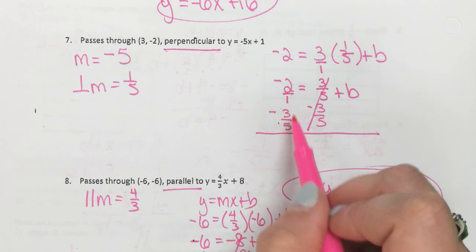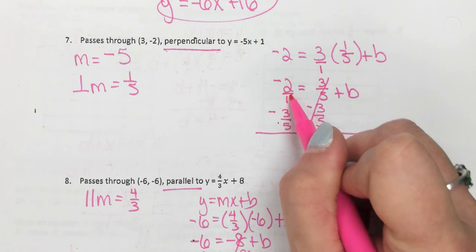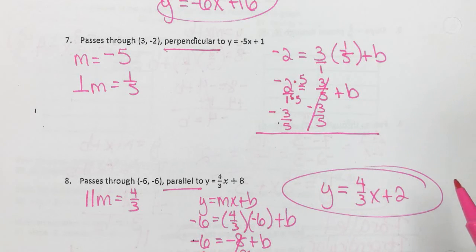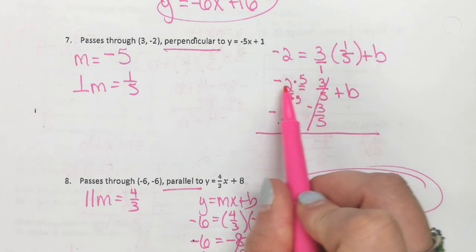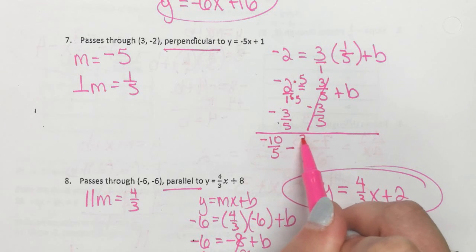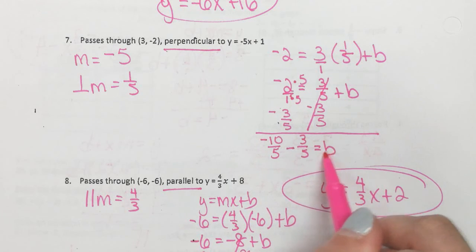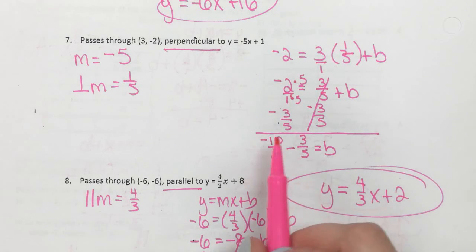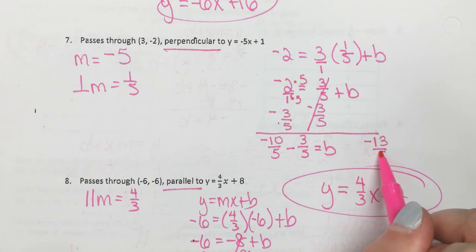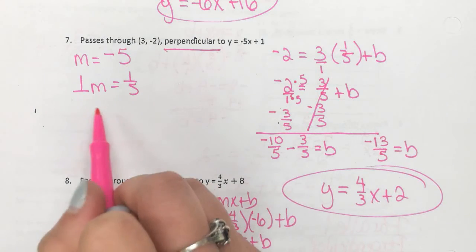We got 5 and I got 1. Times that by 5. What's this give me? -10 over 5 minus 3 over 5. What's -10 minus 3? -13 over 5. There you go.